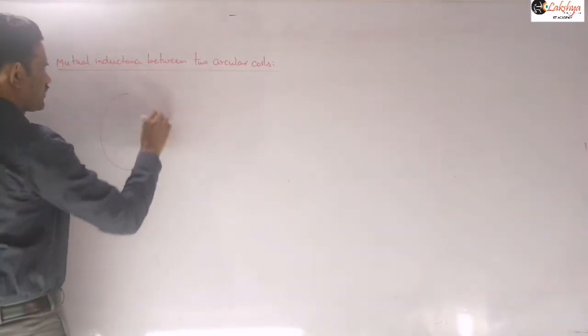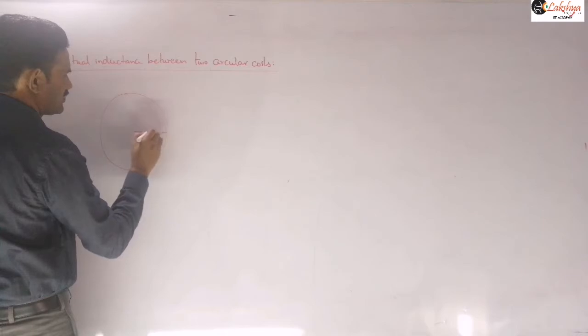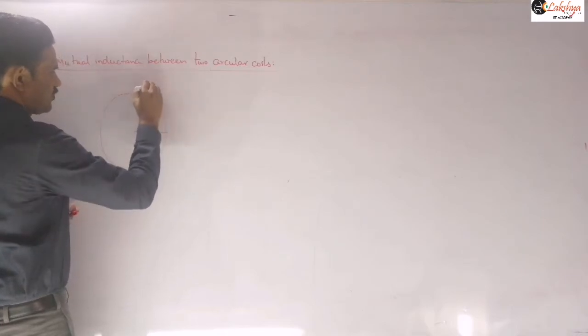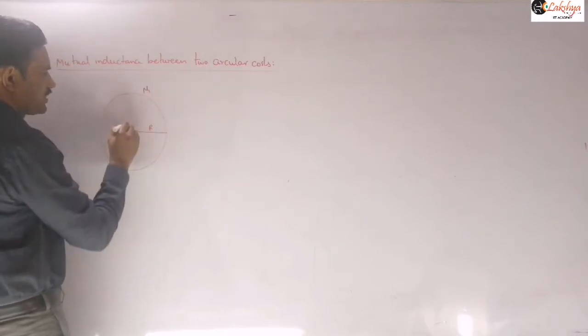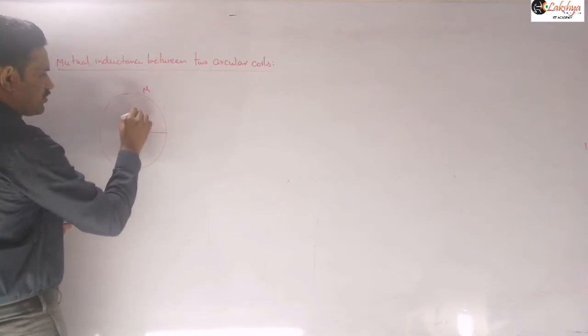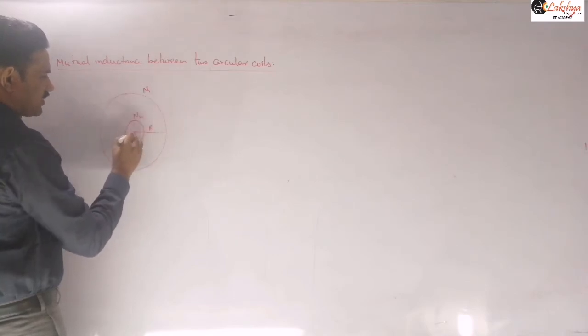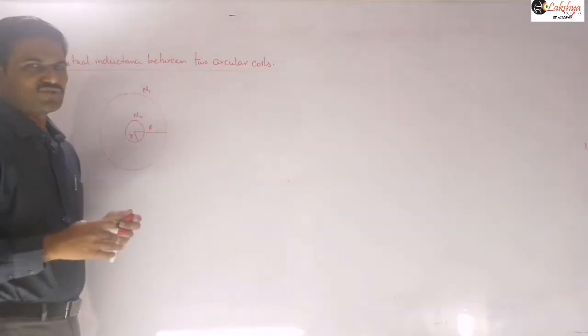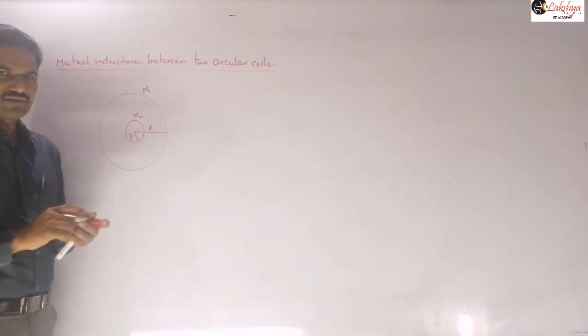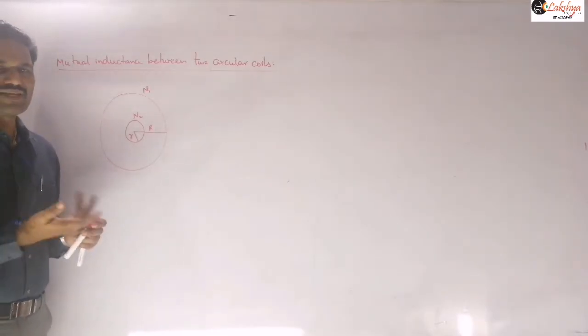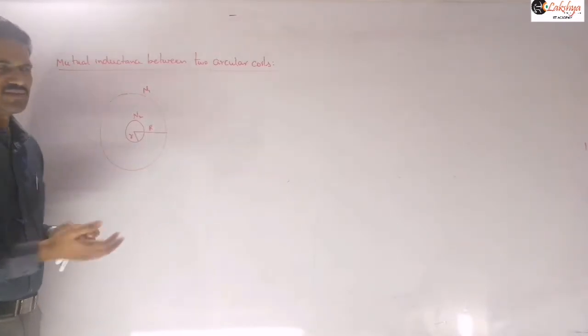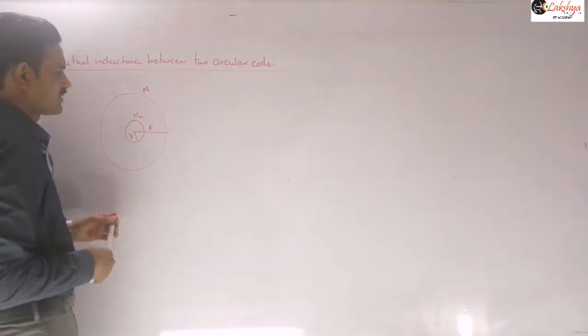One is of radius capital R and having n1 number of turns, and the other, a very small coil, having n2 number of turns, placed like this, right? So first let us assume that they are placed in the same plane. After that we will discuss the remaining possible cases, right?